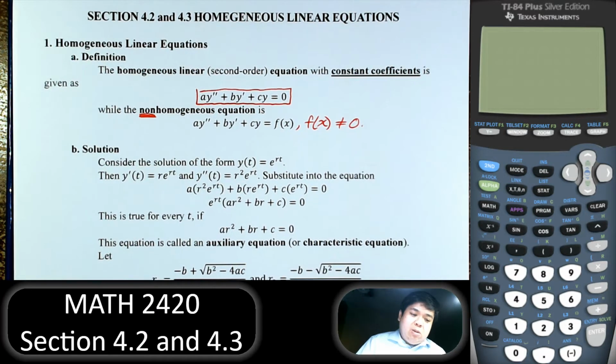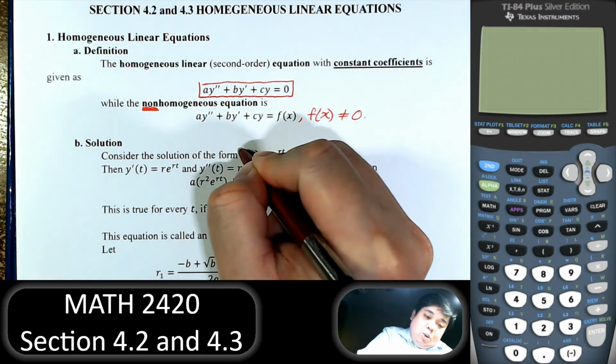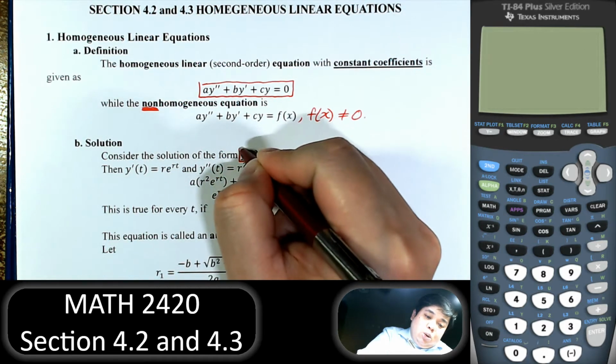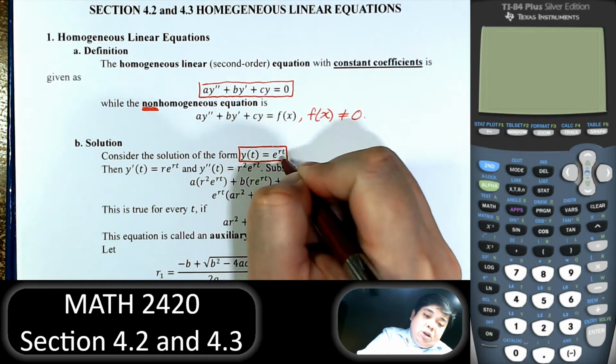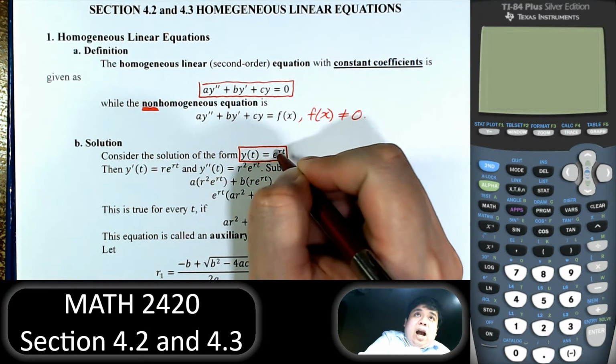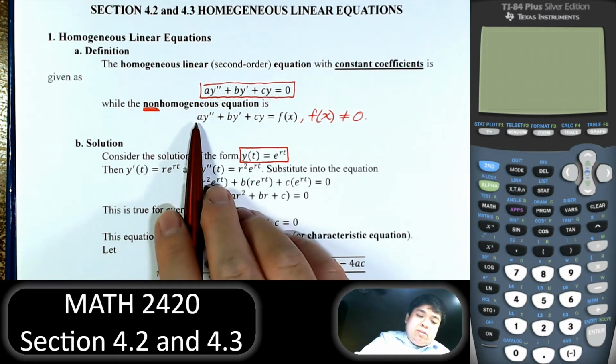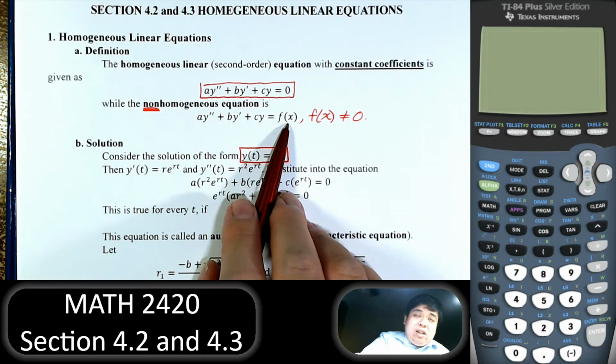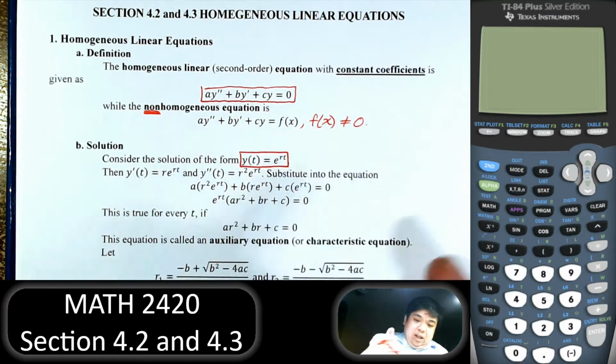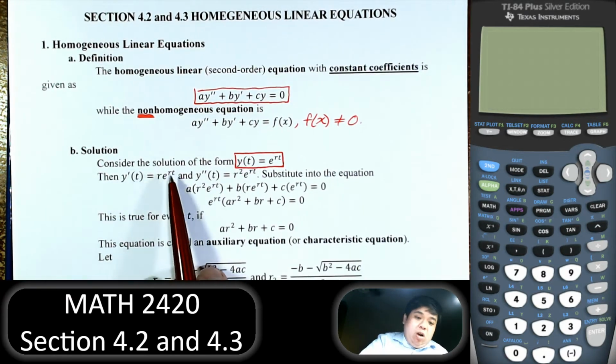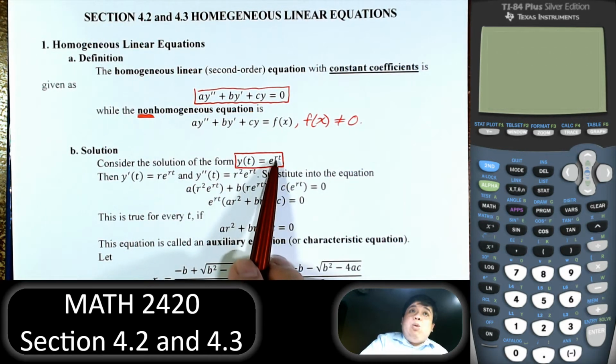First of all, let's consider the solution in this form, e to the rt. By the way, even though here the variable is x, in the book they prefer to write the independent variable as t, so we write y as a function of t as a solution.